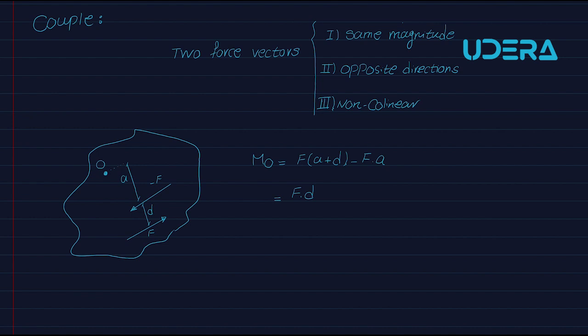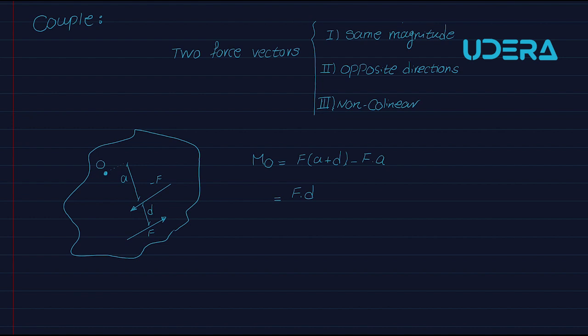So D is the distance between the two force vectors and F is the magnitude. When the conditions are met, the moment, the couple, is the result of the multiplication of the force vector magnitude and the distance separating the pair of force vectors.